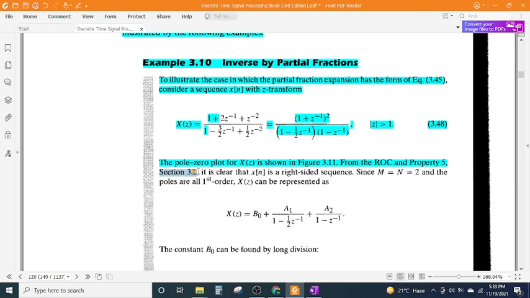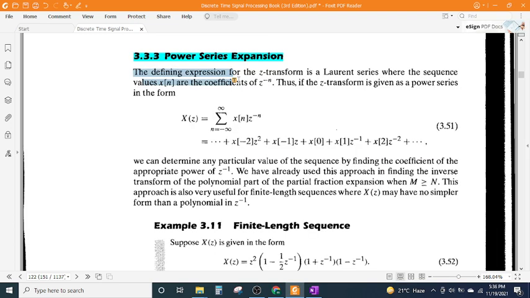3.3.3 Power series expansion. The defining expression for the Z-transform is a Laurent series where the sequence values x[n] are the coefficients of z^-n. Thus, if the Z-transform is given as a power series in the form X(z) = sum from n = -infinity to infinity of x[n]z^-n = ... + x[-2]z^2 + x[-1]z + x[0] + x[1]z^-1 + x[2]z^-2 + ..., Eq. 3.51, we can determine any particular value of the sequence by finding the coefficient of the appropriate power of z.